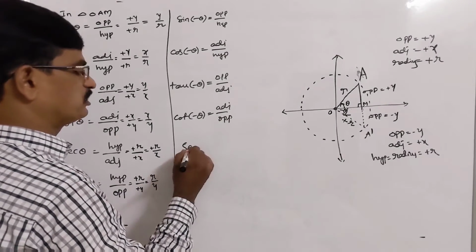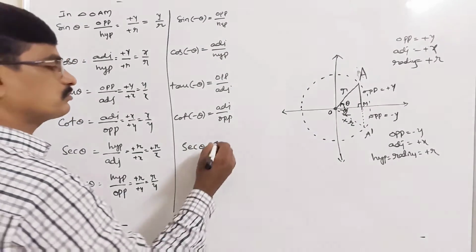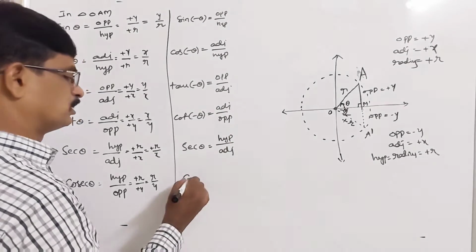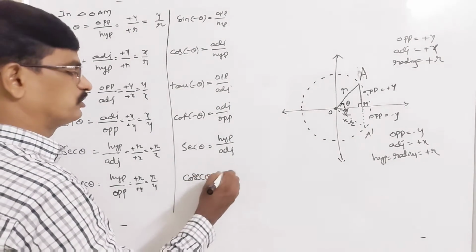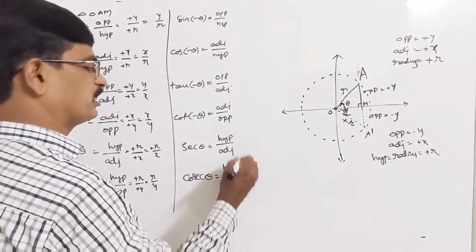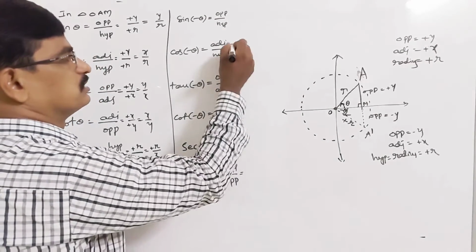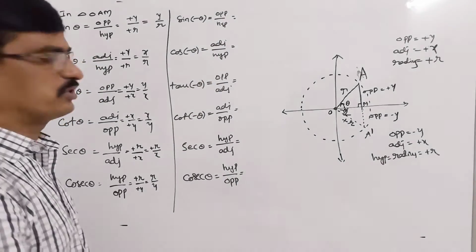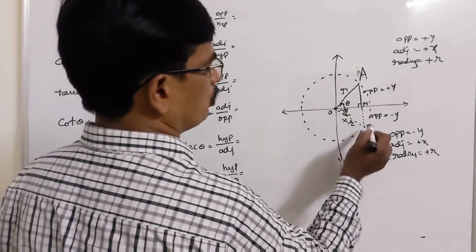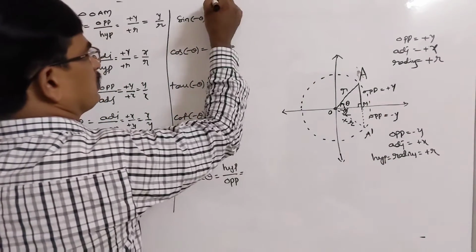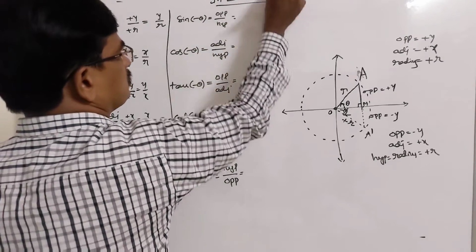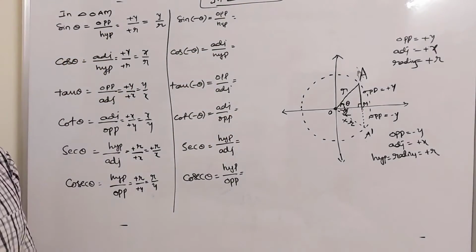Next, secant theta is equal to hypotenuse by adjacent side. Cosecant theta is equal to hypotenuse by opposite side. Okay, now replace opposite side, hypotenuse and adjacent values from the triangle OM dash A dash, in triangle OM dash A dash.